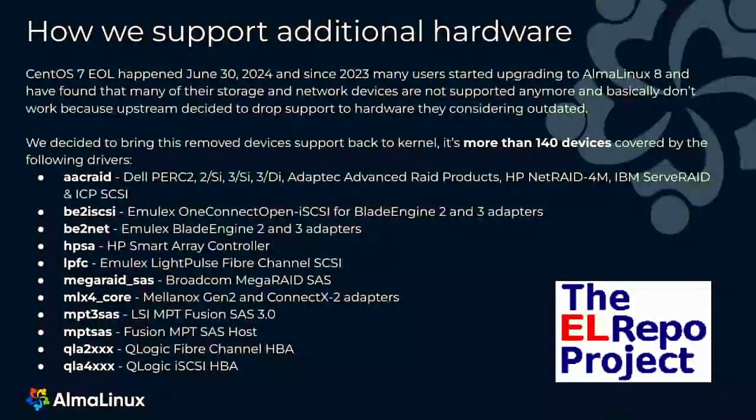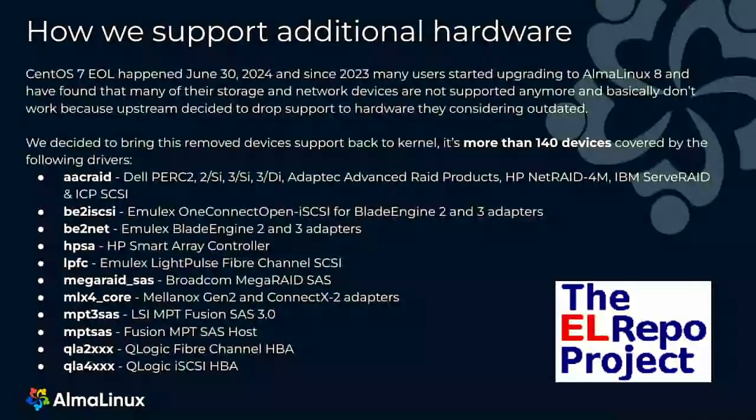Now that we decided to deviate a little bit, we can do that. We brought back support for more than 140 devices, all of them storage devices and network devices. Here's a list of the drivers affected. Why is the ELRepo project here? Because we actually do what they do in their repo.